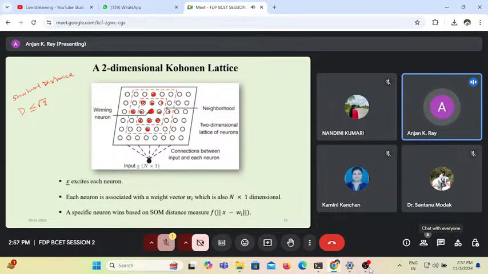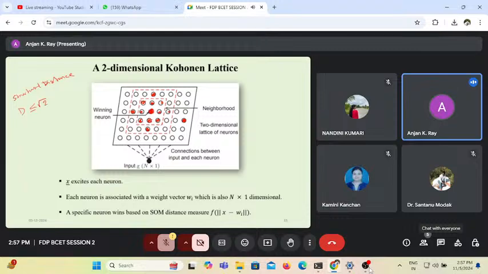So again, if you increase this distance, more and more neurons will be added as the neighborhood. But remember that this neighborhood is not a fixed structure, because for a given sample, this neuron becomes a winner, but it may happen that for the next sample that the neural network receives, another neuron becomes the winner.